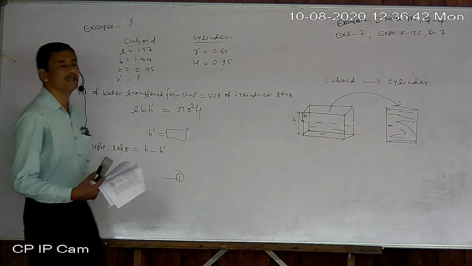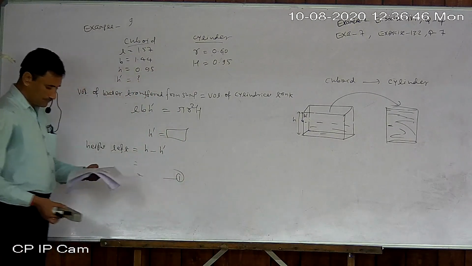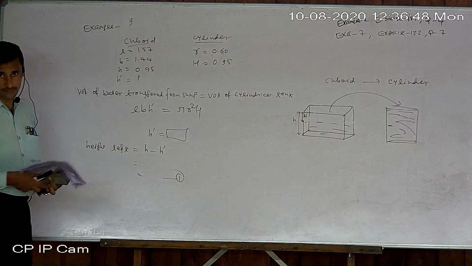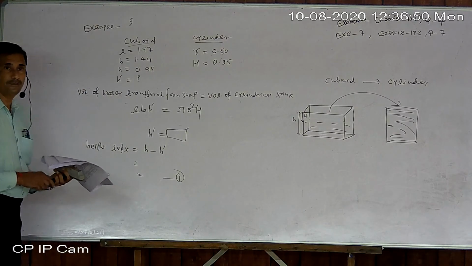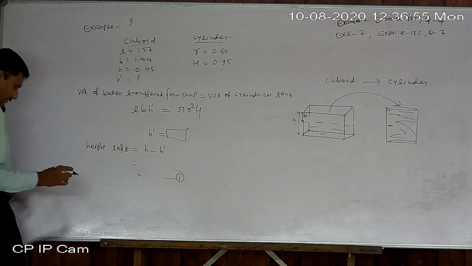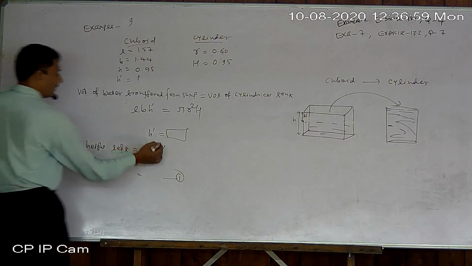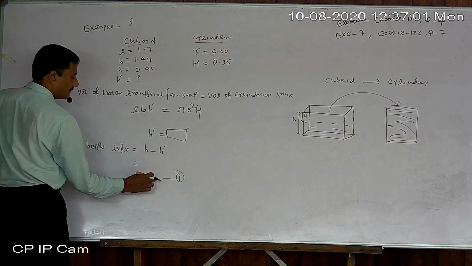Now they are comparing the capacity of the tank with that of the sump. We have to compare both capacities, by ratio only. You will find this side is exactly half of this.